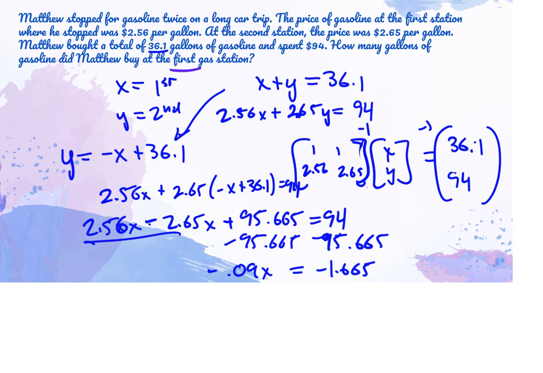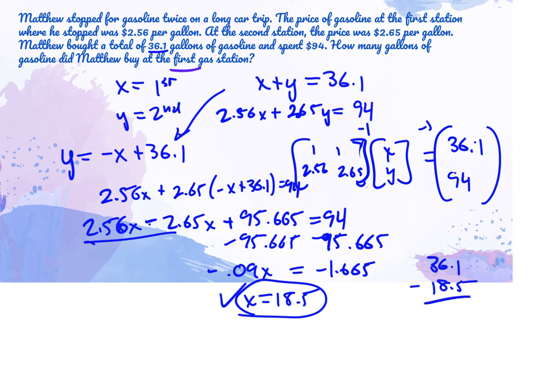So negative 1.665 divided by negative 0.09 is going to be 18.5. All right, so if it's 18.5, that's how much was bought at the first station. I'm done, okay? If I wanted to figure out how much was bought at the second station, I would take 36.1, subtract 18.5, and that would give me that answer.